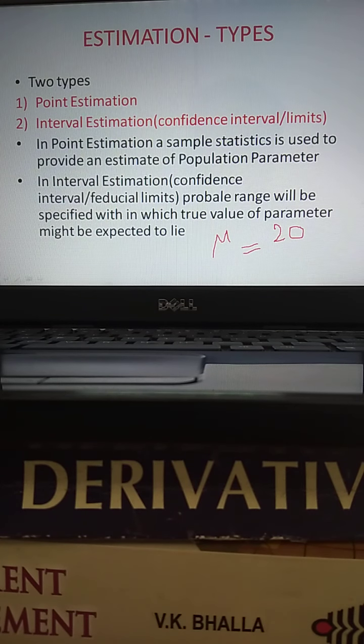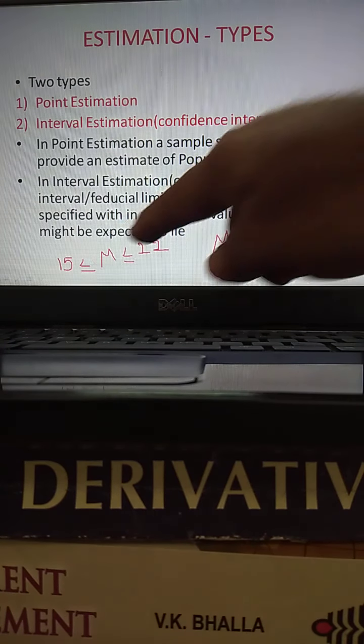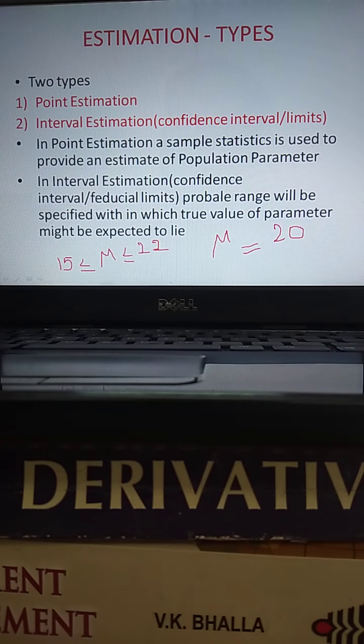For this example, let us suppose mu. Now look here: if you provide the answer this way, such a method is known as interval estimation. Here you are not providing the mu value as a single answer, but you are giving the range. Range means in between.